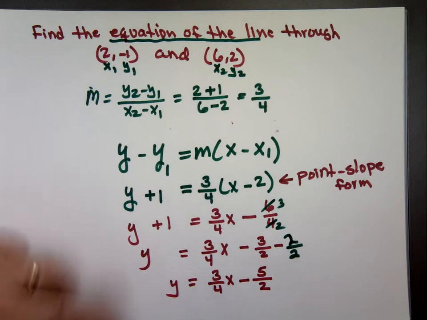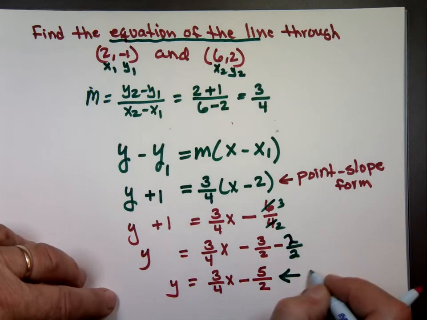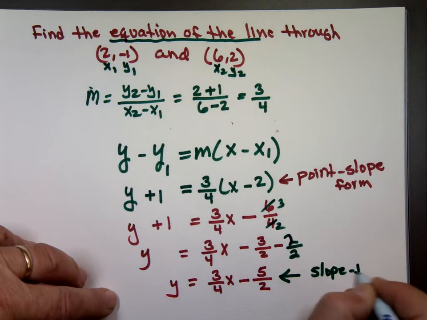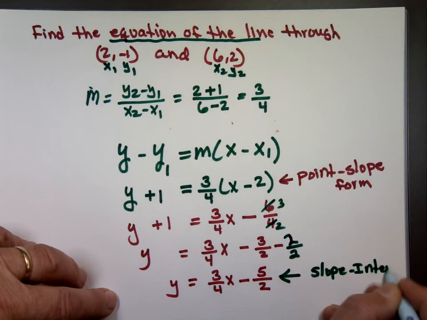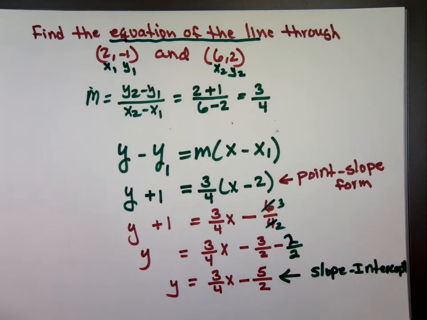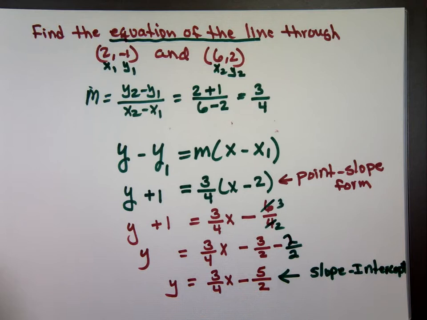And this is the form that's called what? Slope-intercept. So they don't want any mixed numbers in the answer. Oh, they could. They probably leave it like this. Okay. Slope-intercept, if you can read that.